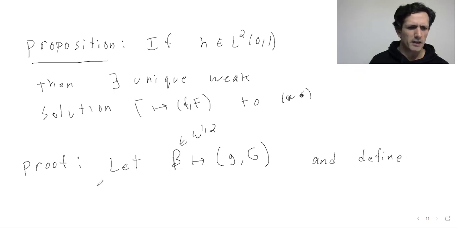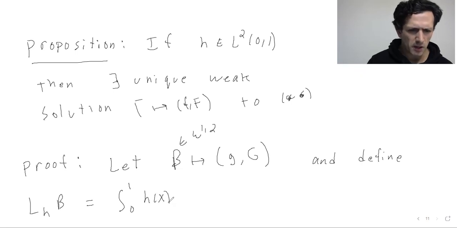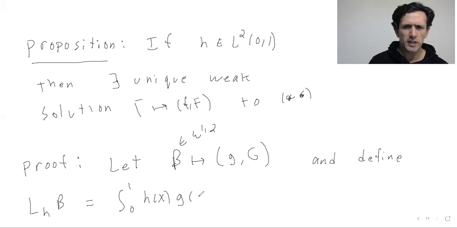Okay, so define the following bounded linear functional. I need to prove it's bounded, but so let's say it's going to be 0 to 1, this integral of h of x, little g of x.